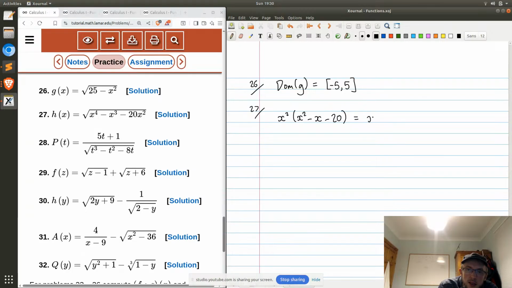Okay, brilliant. Okay, that's great. So now I can visualize this quartic, this fourth degree polynomial, as having a root at the origin and at 5 and at -4 somehow.